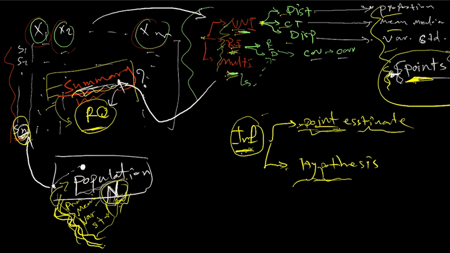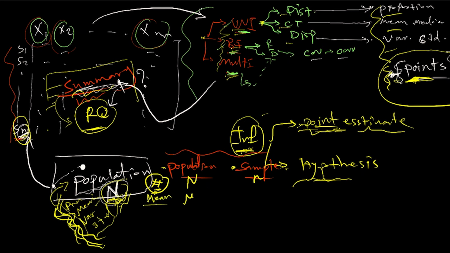An important differentiation between population and the sample that you draw. If it happens this number is the real population number, I mean the entire population, we give the sample of letter N. If it is a sample, we give it little n. Say if it is the mean, we give it as a mu if it belongs to the population, or we give it x bar if it belongs to the sample.